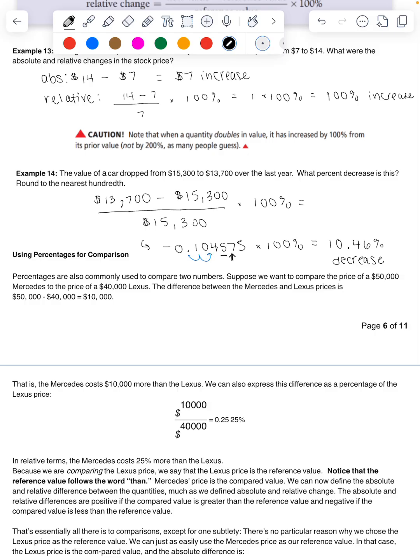This is just a comparison of two things. So they did Mercedes minus Lexus, divided by Lexus, to get that the Mercedes costs 25% more than the Lexus.